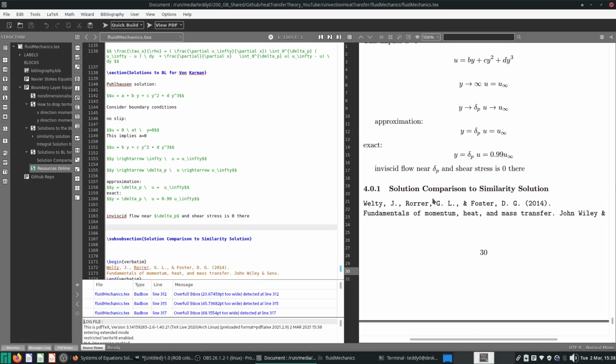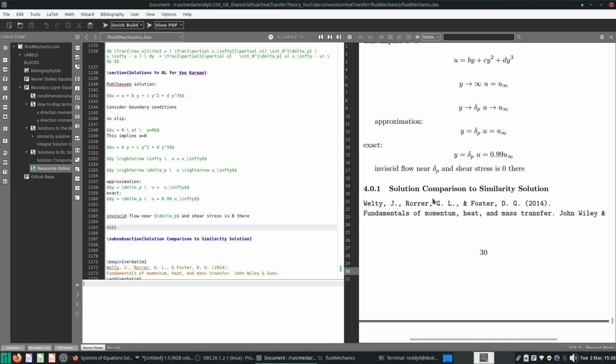Towards the edge of the boundary layer, closer to the bulk fluid, that's where we have the assumption of inviscid flow, where the viscosity terms are neglected. So that's what we are going to do here as well. This is again another approximation: partial u partial y equals 0.